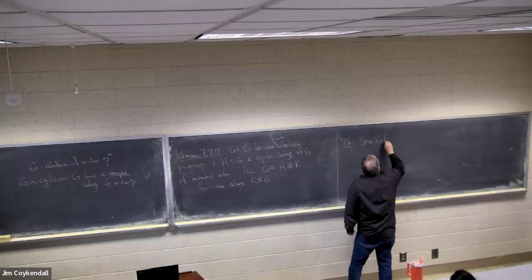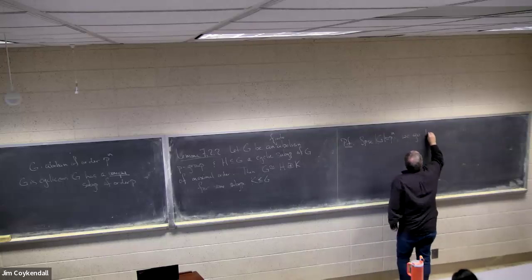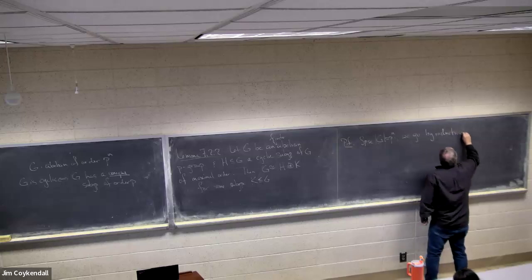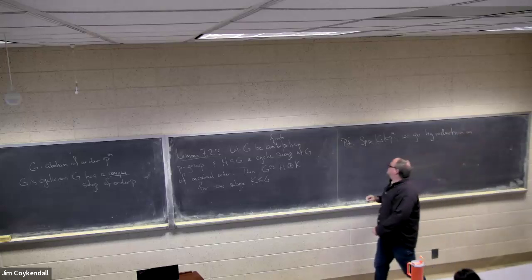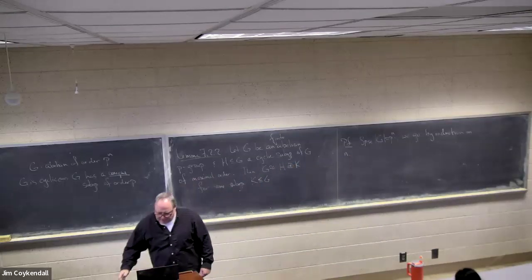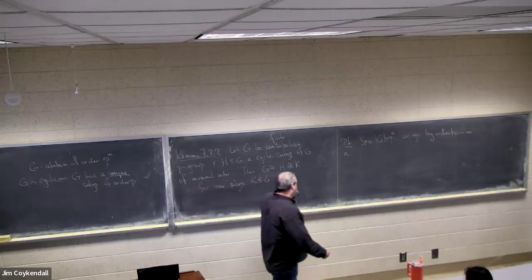Suppose the order is p to the n; we go by induction on n. And we will make this non-trivial, so we will start with the case n equals 1.